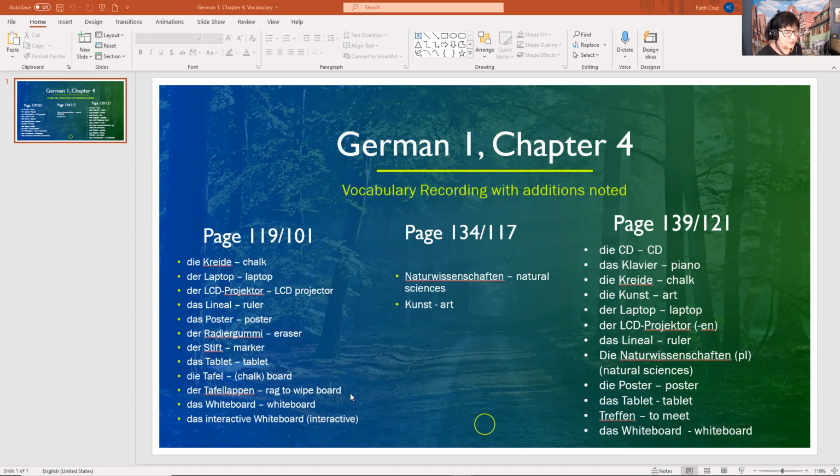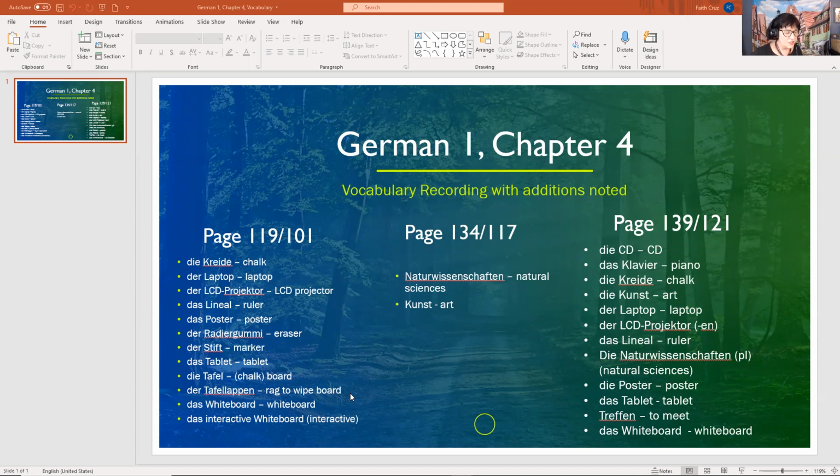And then das Papier, das Poster, die Schultasche, der Stift, der Stuhl, das Tablet, again, a borrowed word, but I want you to know the gender. It's borrowed in as neuter. Der Tisch, die Uhr, das Whiteboard.